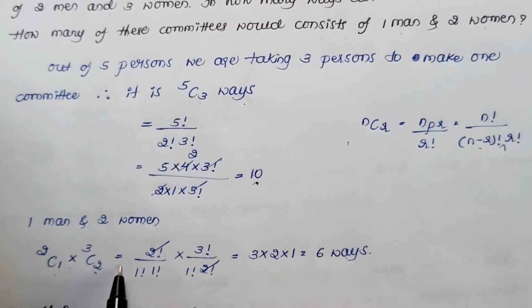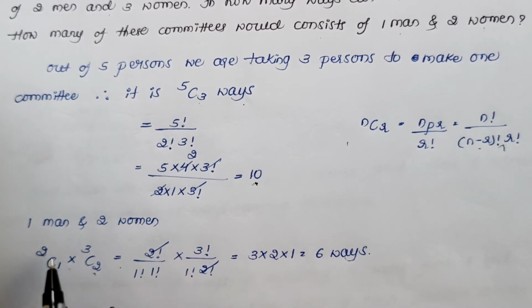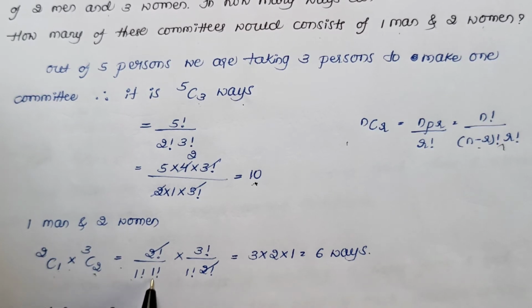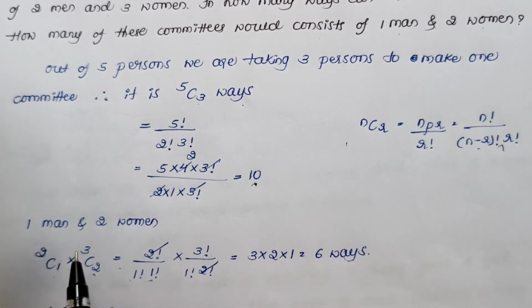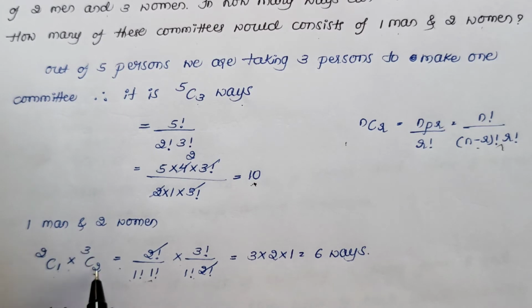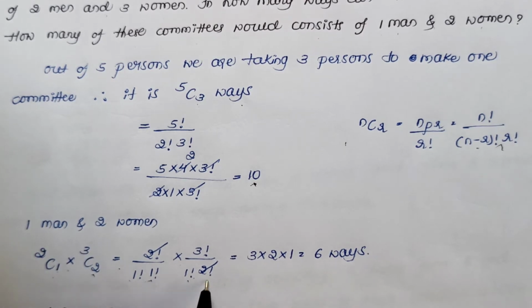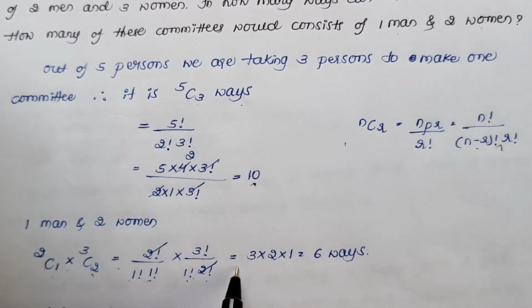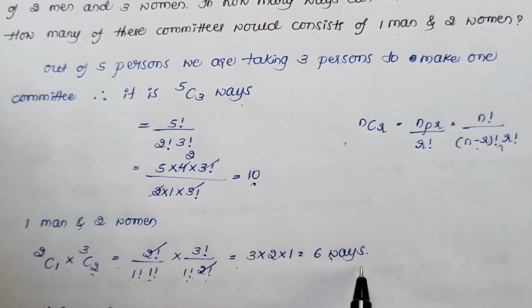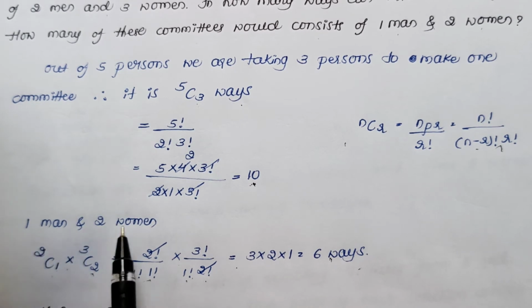This is equal to 2 factorial by 2 minus 1 factorial into 1 factorial, multiplied by 3 factorial by 3 minus 2, that is 1 factorial, into 2 factorial. So by simplifying, you get 6 ways. So in 6 ways, we can make a committee of 1 man and 2 women.